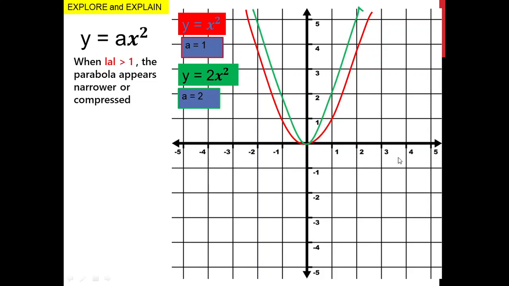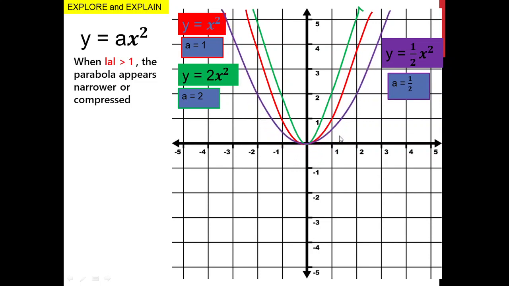This is the behavior of the parabola when a is greater than 1. The parabola moves closer to our y-axis or appears narrow. But when the absolute value of a is less than 1 but not equal to 0, say for example here 1/2, this will be the behavior of our parabola.